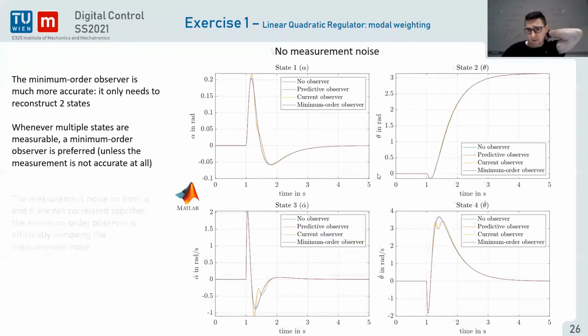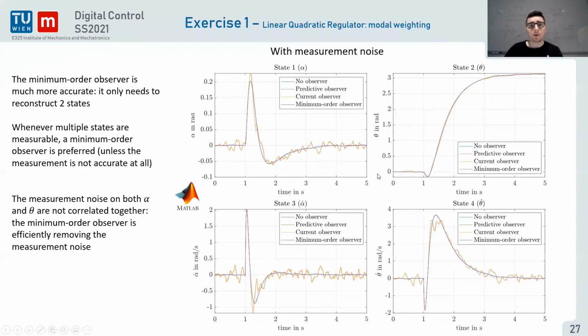Now, what's happening if we add some noise? If we add some noise, as you can see, the measurement of theta and alpha is almost perfect because the noise is not that strong, especially for alpha. Here you can see that, as before, for the predictive and current observer, when you have noise on theta, sorry, then the alpha estimate is not as good as before, obviously.